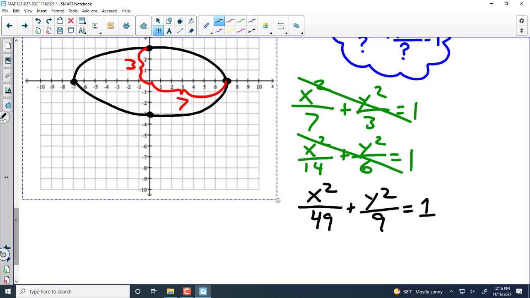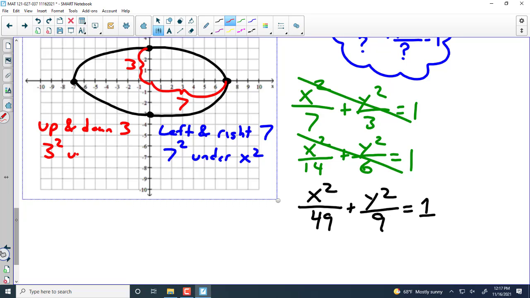The only question is, how did I know where to put the 49 and how did I know where to put the 9? Because I went left and right 7, squared under x squared. Because I went up and down 3, squared under y squared. At no point in doing this do you actually need to know which one's called a squared and which one's called b squared.